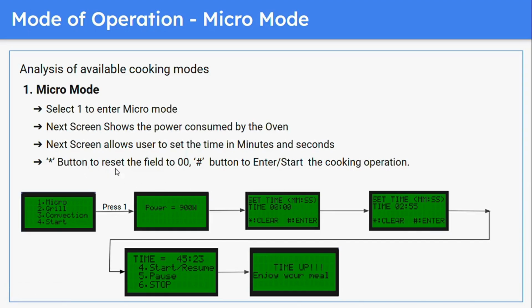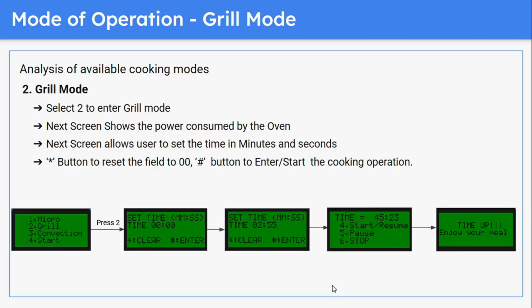The star button is used to reset the field to 0, and the hash button is entered to start the cooking operation. It then displays the remaining time on the display, and after completion, it displays a final screen that says time up, indicating that the cooking operation has completed.